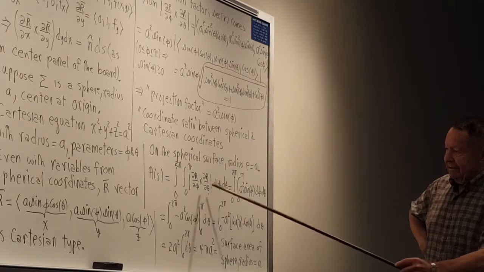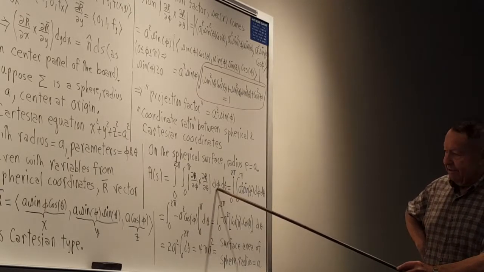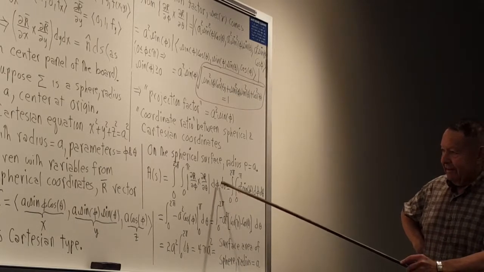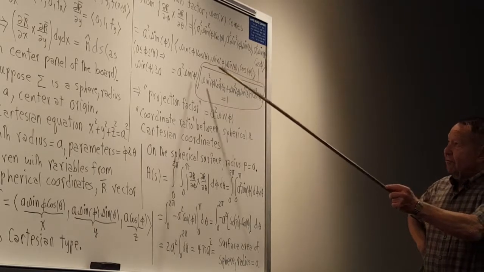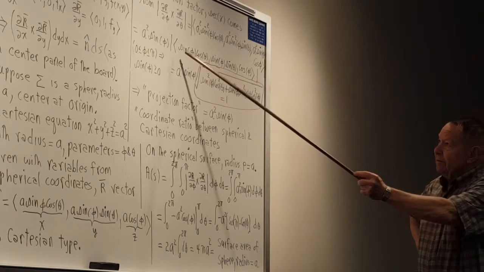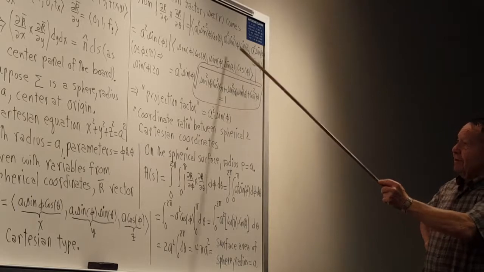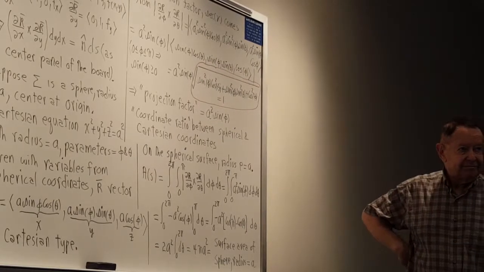It's the ratio between the spherical coordinates that you're using as your variables, phi and theta, and the Cartesian coordinates, x and y, that you replaced in this Cartesian vector with the spherical coordinates.